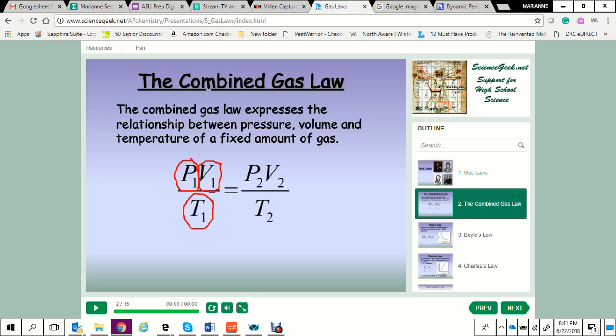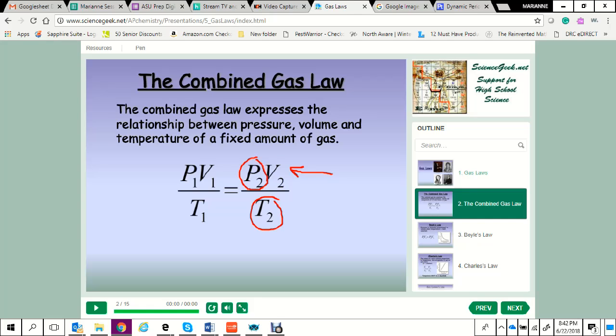We're going to change the temperature and change the pressure, and we'll calculate the resulting volume. So basically, with the combined gas law, two of the variables are changed for the final, and then we calculate the third. And all three variables are included in the experiment or question.